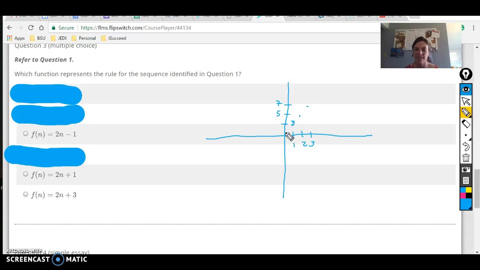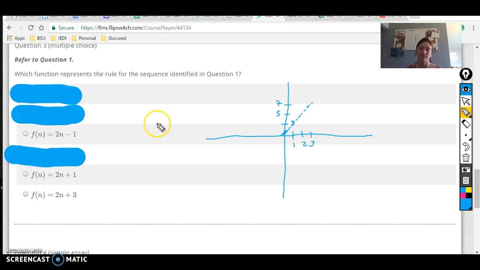But we still need to cross the y-axis somewhere, and the place where this line would cross the y-axis is going to be at 1.